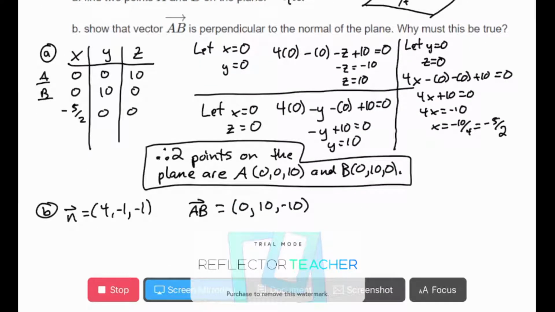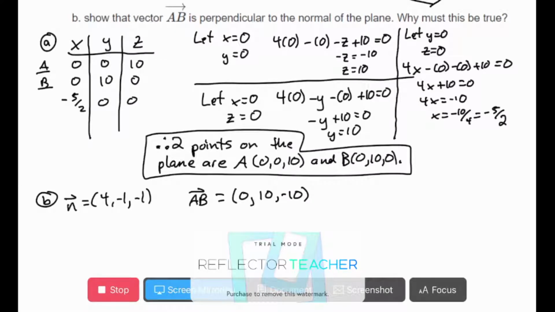And in order to prove if these are perpendicular, what are we going to use? The dot product. So let's find n dot AB, which is equal to (4, -1, -1) dot (0, 10, -10).